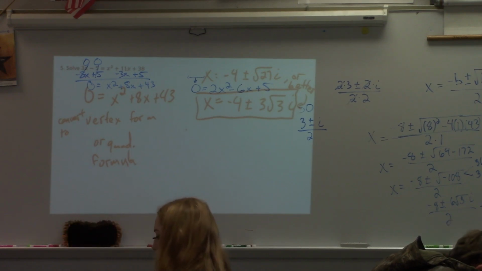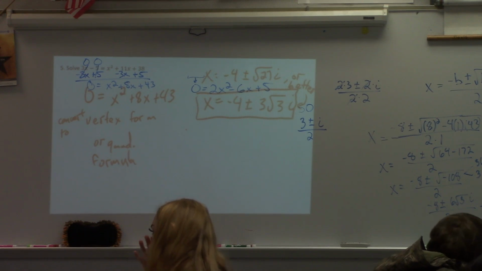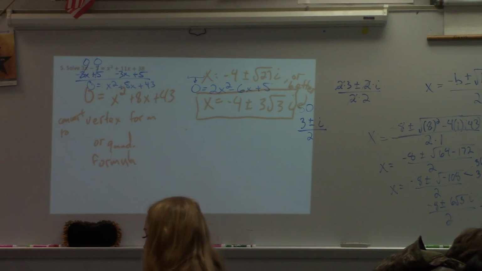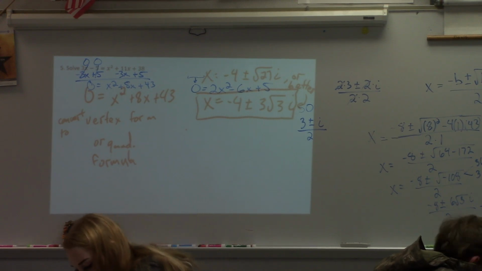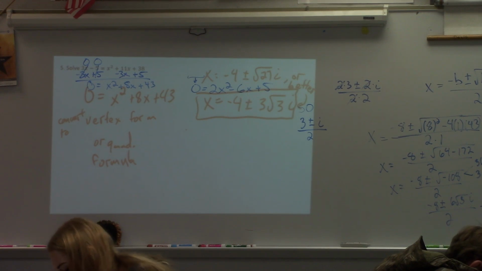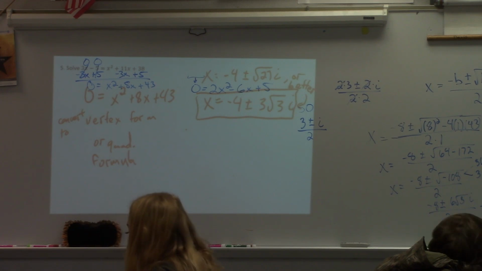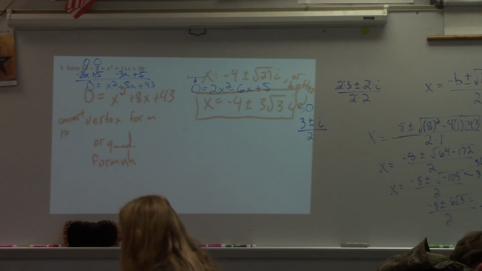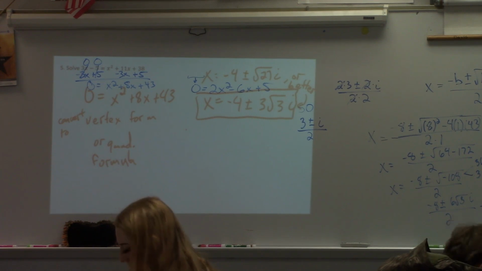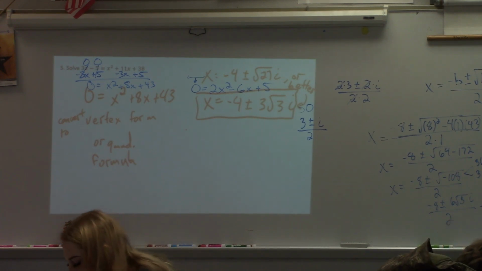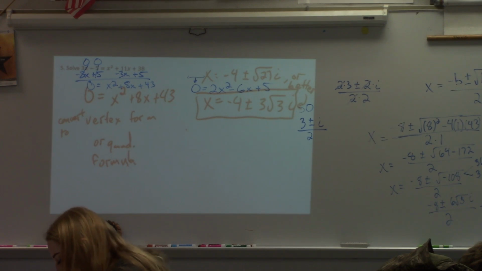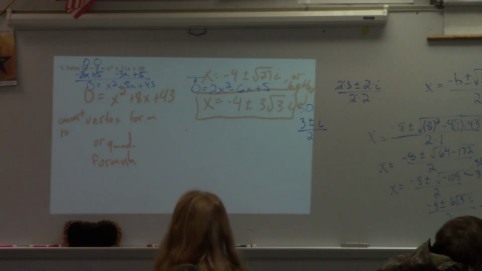That's what x is equal to. I know that was quick, but there's that work. H is equal to -8 divided by 2 times 1, which is -4. K is equal to -4 squared plus 8 times -4 plus 43. K is equal to 27.